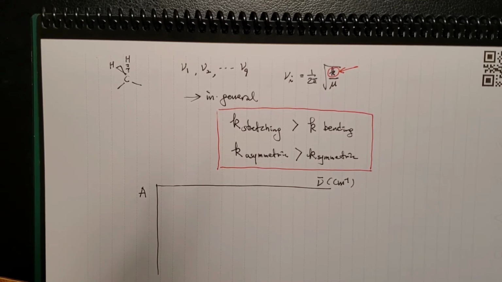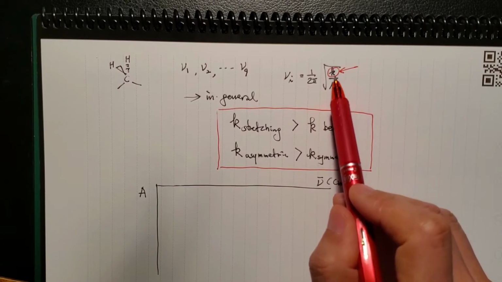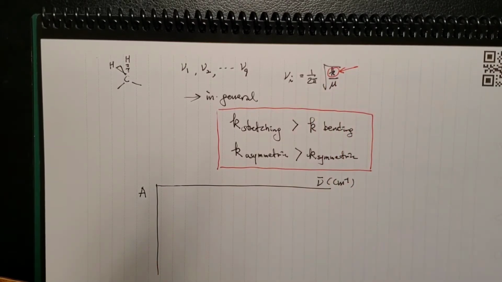But in the stretching case, you have to partially break the bond to get it stretched. So it takes more energy to overcome the electrostatic force between the nuclei and the electrons, which means with a greater K value for stretching, you expect the frequency to be a little higher.